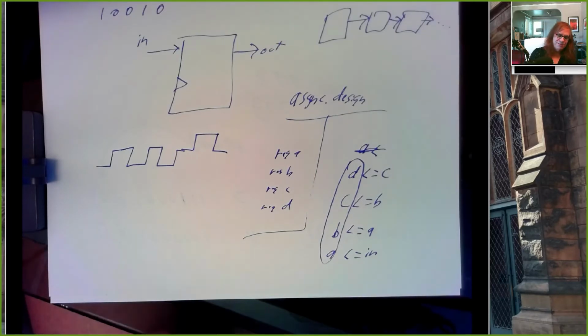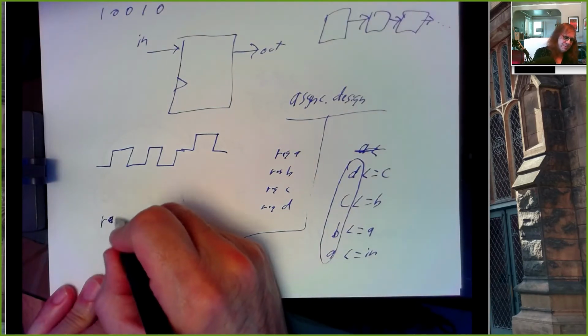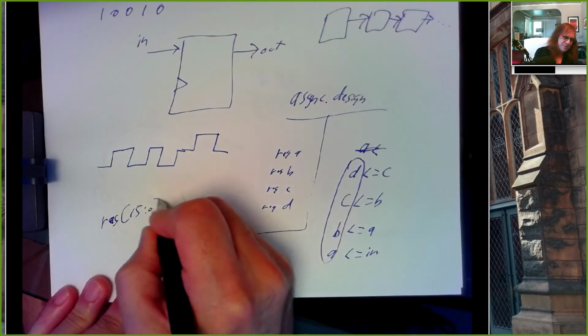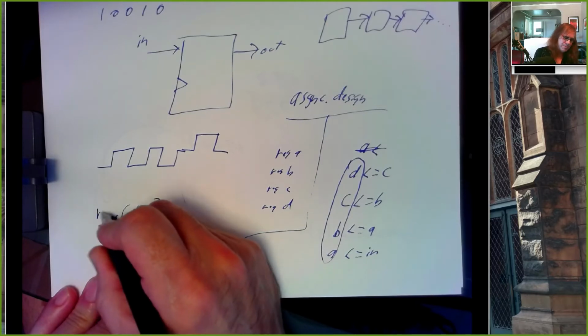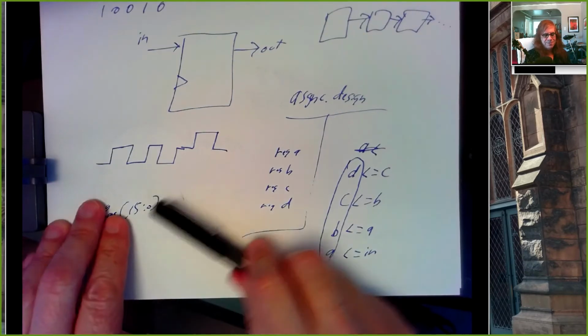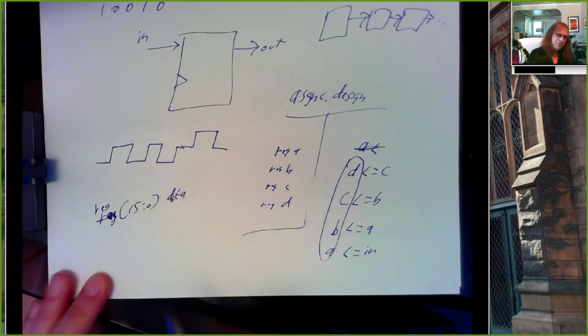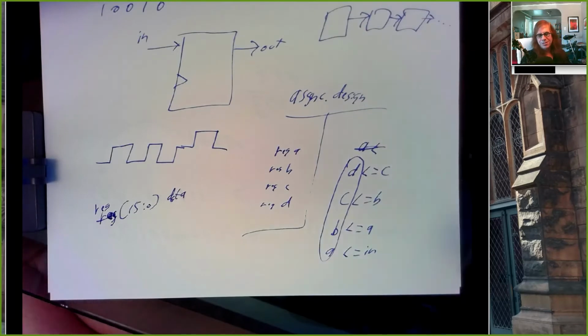Yeah, so instead of doing A, B, C, D, you could have a register 15:0. And then you can do register bracket 0, or whatever you call this thing, data. You could do data bracket 0, data bracket 1, data bracket 2, and so on.